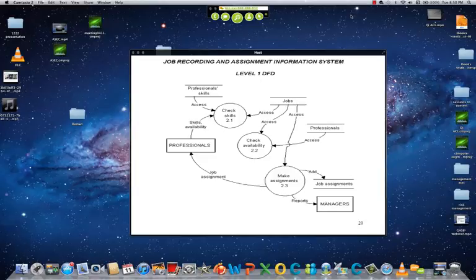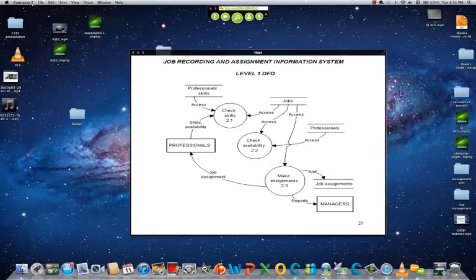Then you have a process which checks availability of professionals. Maybe you have professionals with skills needed, but they are on some job, and you don't have anyone to assign. Finally, you make assignments. If everything is fine, you make the assignment.